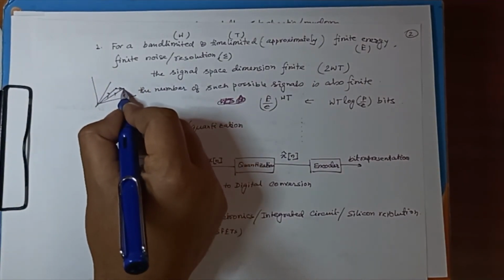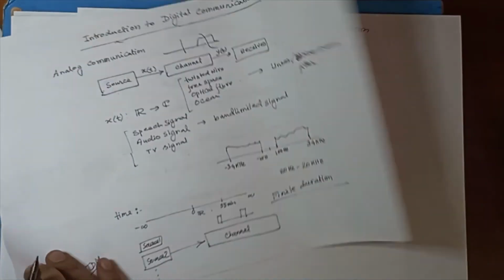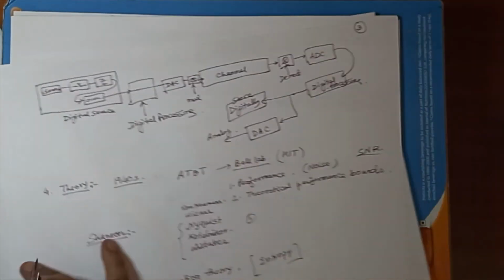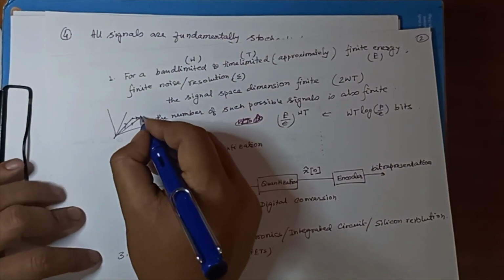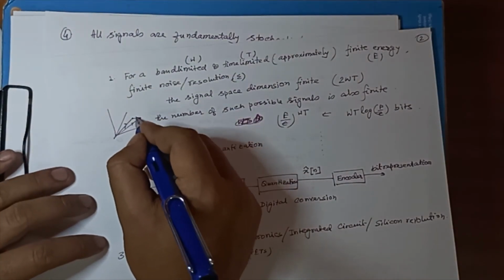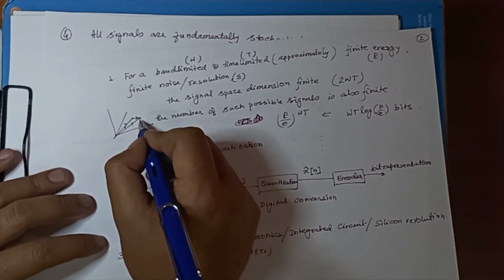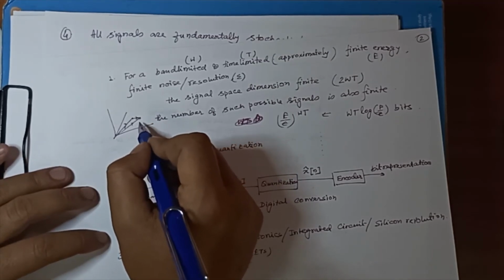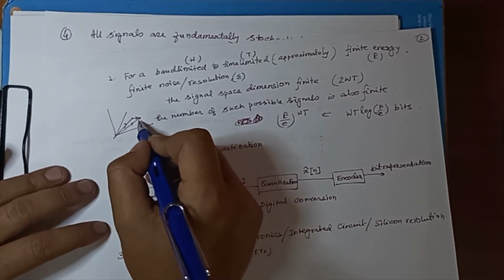Now when you want to detect the signal at the receiver side, it is possible that you miscalculate the representation of the signal, and there will be some error in detection, some error in reception.